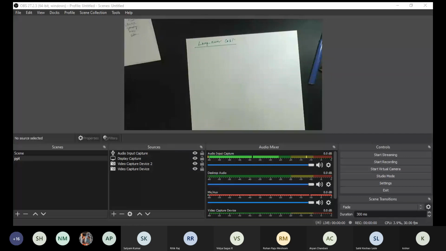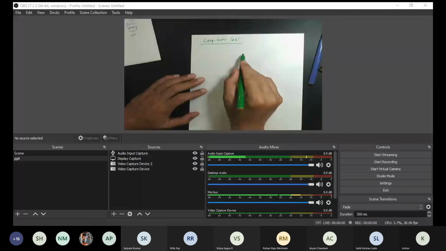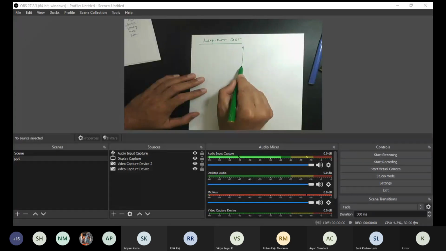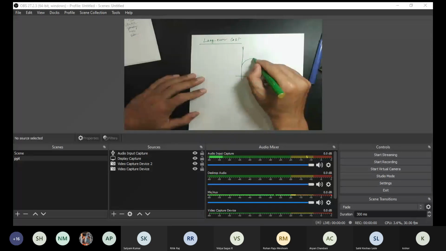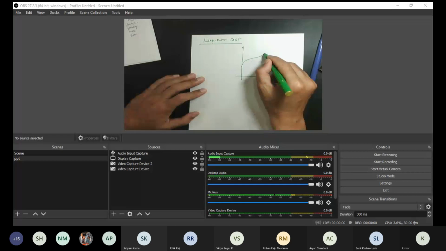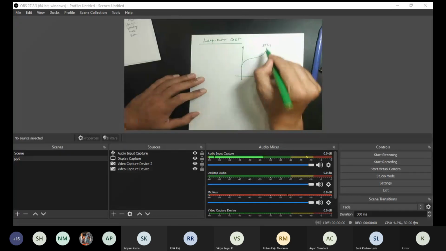So if I consider a production process of 5 production cycles, then in the very first year I am getting a short run total cost curve, STC 1, for the first year.